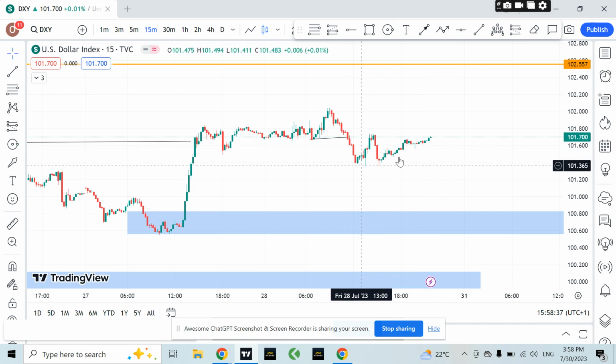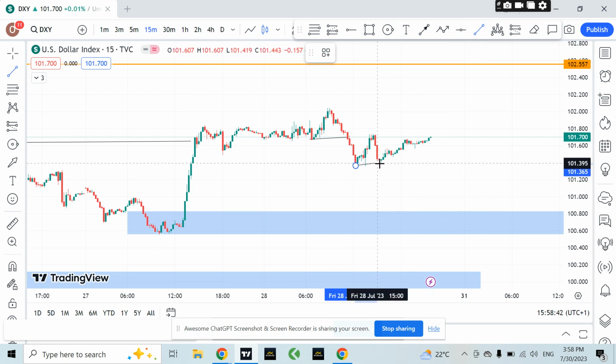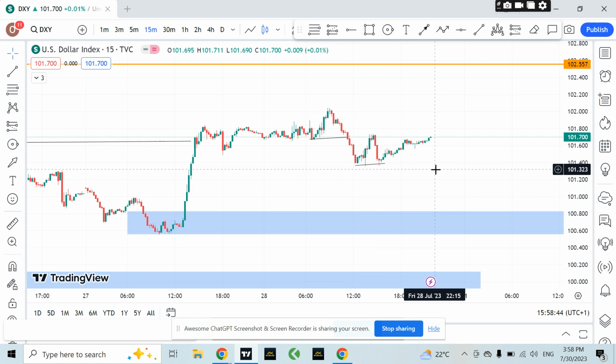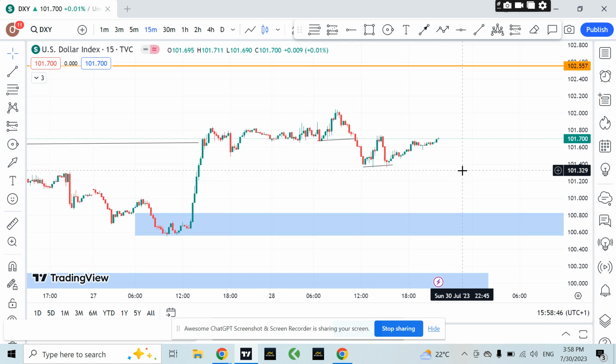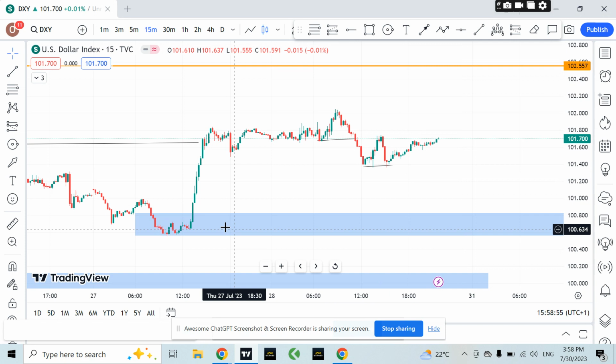So yeah, liquidity has been created at this level. So if tomorrow it reaches, you want to see how the market is going to react at this zone and at this upper zone. So you know already that you are having a buy position here.